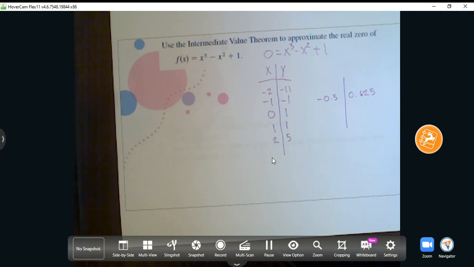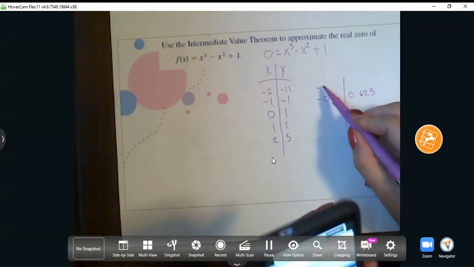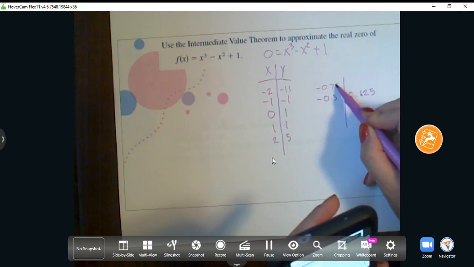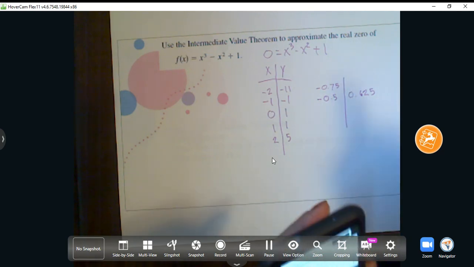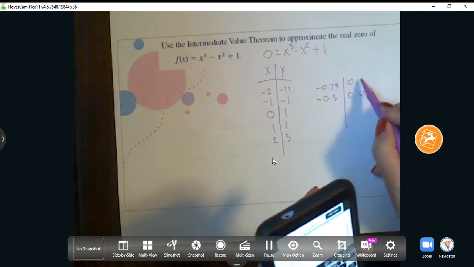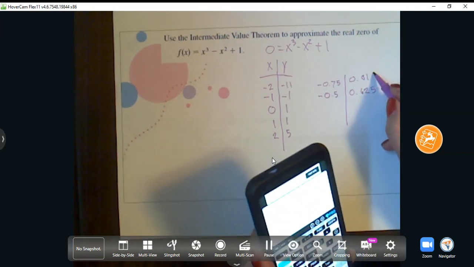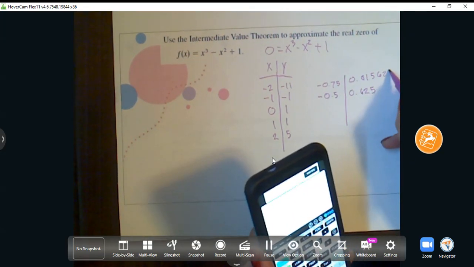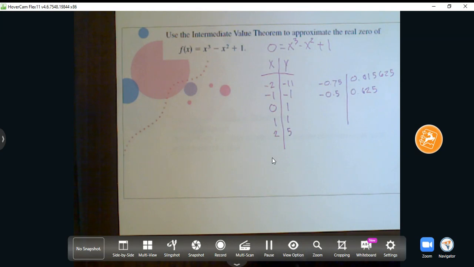So if I keep going, let's say I wanted to plug in -0.75, so a little bit closer, I get 0.01565. And we could keep going, taking a half and a half and a half.